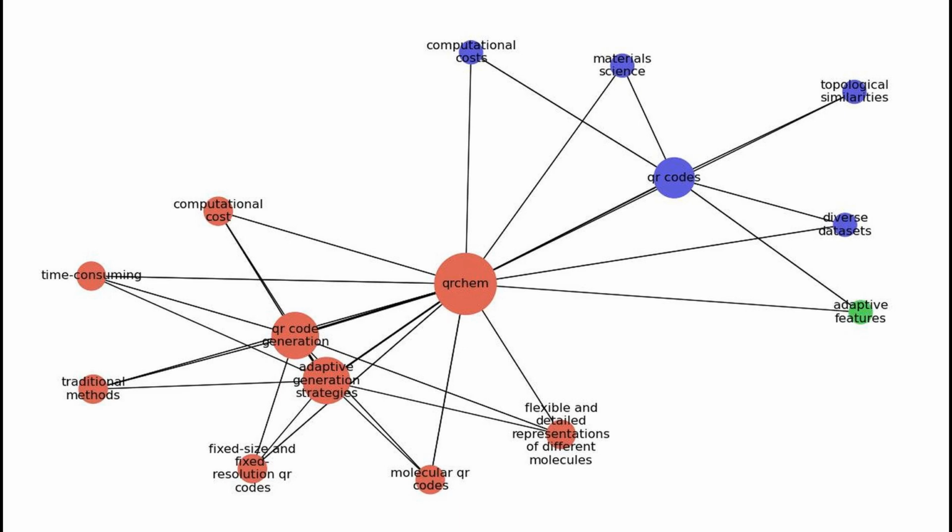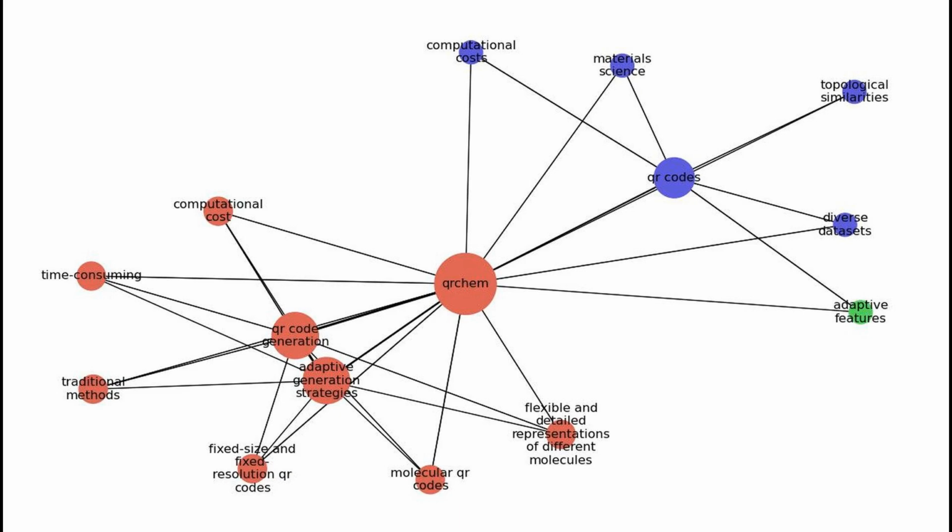While the QR code generation process is automated, it can be more time-consuming compared to traditional methods like Morgan fingerprints and one-hot encoding. This limitation could slow down the pace at which materials can be screened and analyzed, particularly when dealing with large datasets. Additionally, the current implementation of QRChEM relies on fixed size and fixed resolution QR codes.